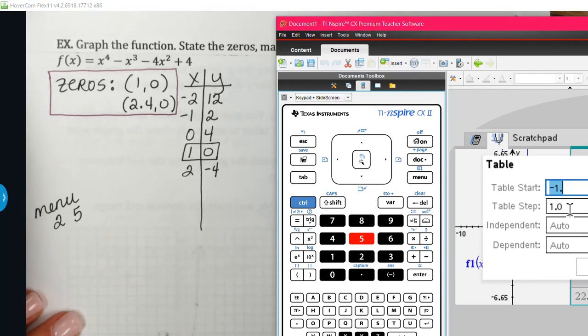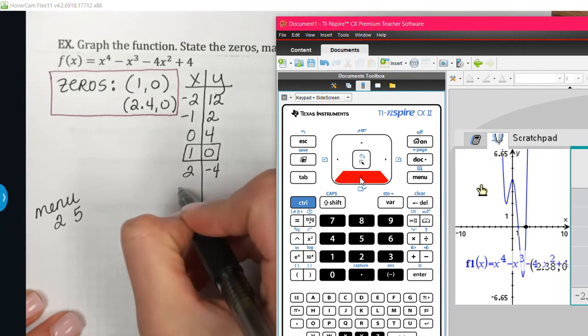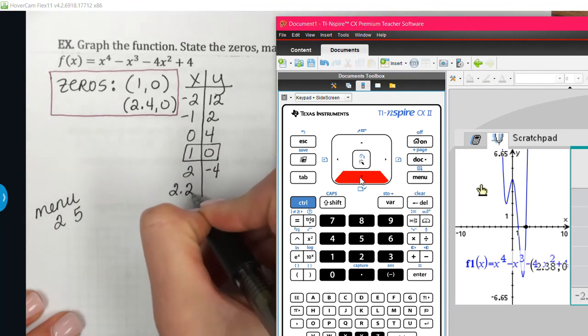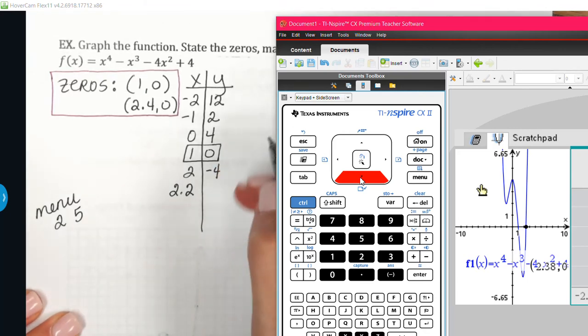Okay, so I'm going to change my table step to 0.2. Okay, it can be whatever you want. I'm just going to do that for right now so that I can see. I'm over at 2, -4. So at 2.2, I had -2.6.